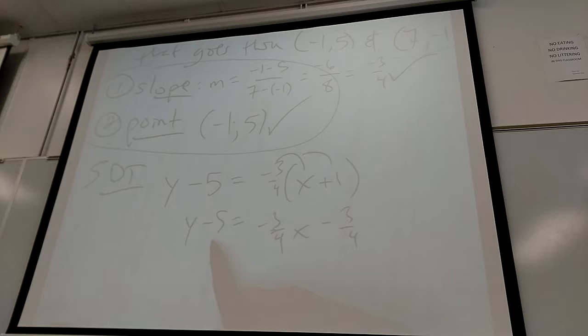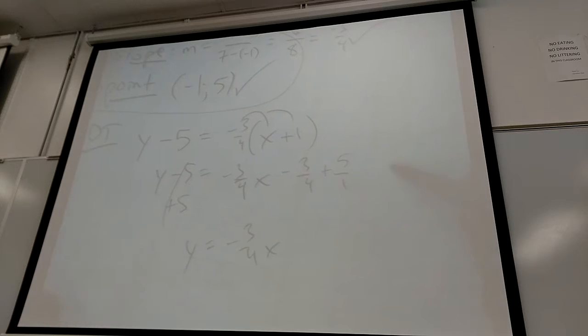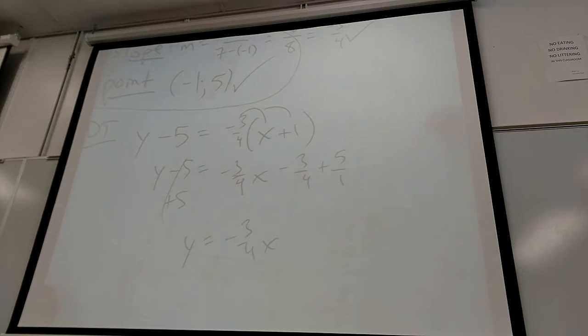And then I have to add 5. Negative 3/4 x. And of course here I have to do what? LCD is going to be 4. So multiply by 4, I get 20 minus 3, 17.